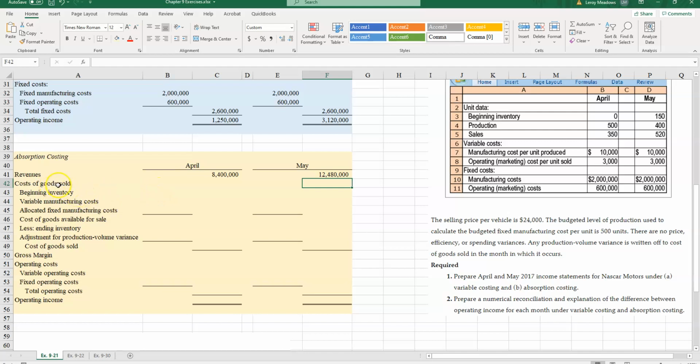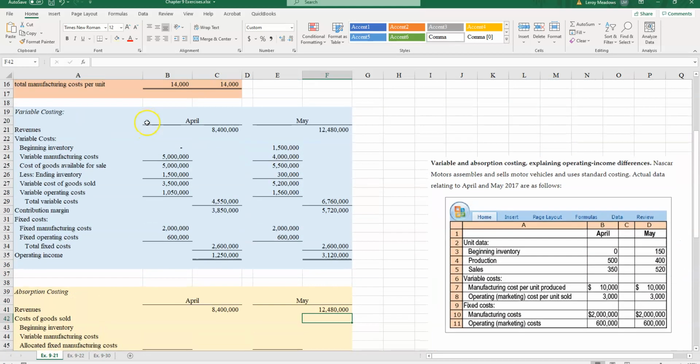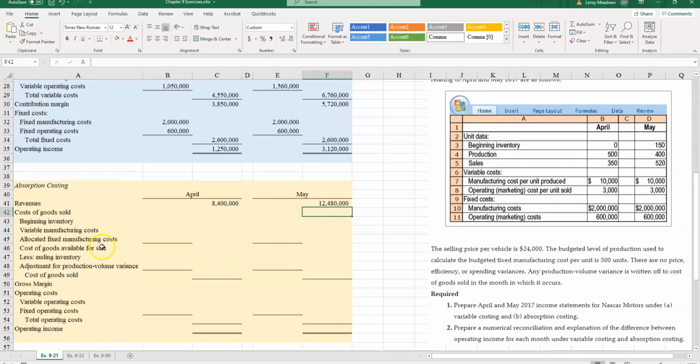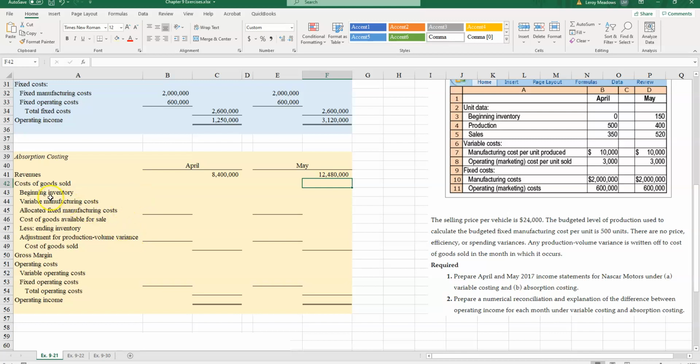Now, I could just take my manufacturing cost per unit times the number of units sold. But why are we breaking this down and computing it? Because one, we want to be thorough and see exactly where all of our costs were incurred. Then we want to be able to compute also the individual components.